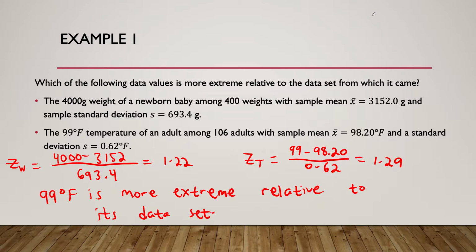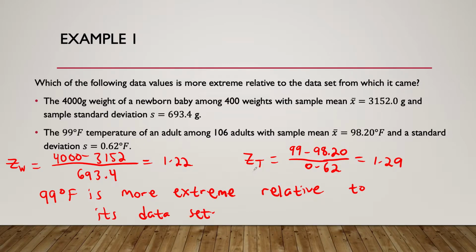The z-score of the weight is 4,000 minus 3,152 divided by 693.4. Put that into a calculator and you get an answer rounded to 2 decimal places of 1.22.